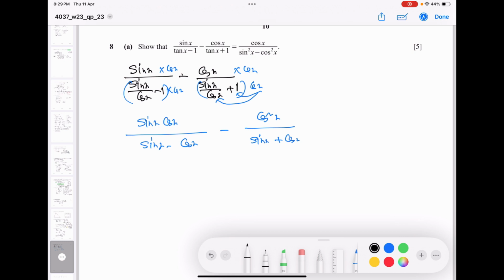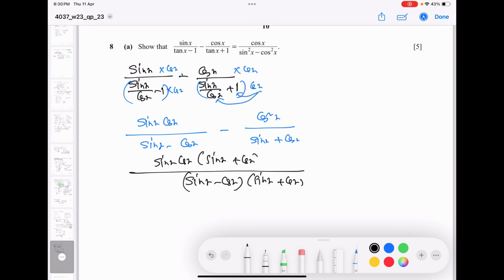Let me do again LCM. Sin x minus cos x, sin x plus cos x. Okay, there it will be sin x cos x, and then sin x plus cos x minus cos square x, sin x minus cos x.